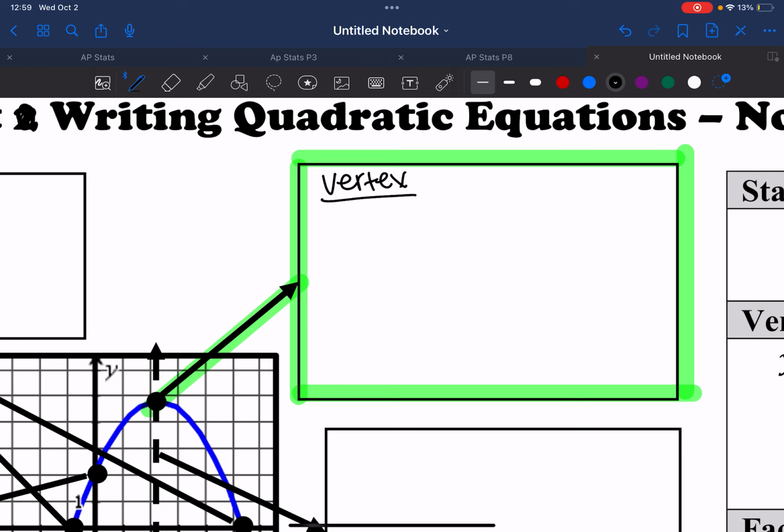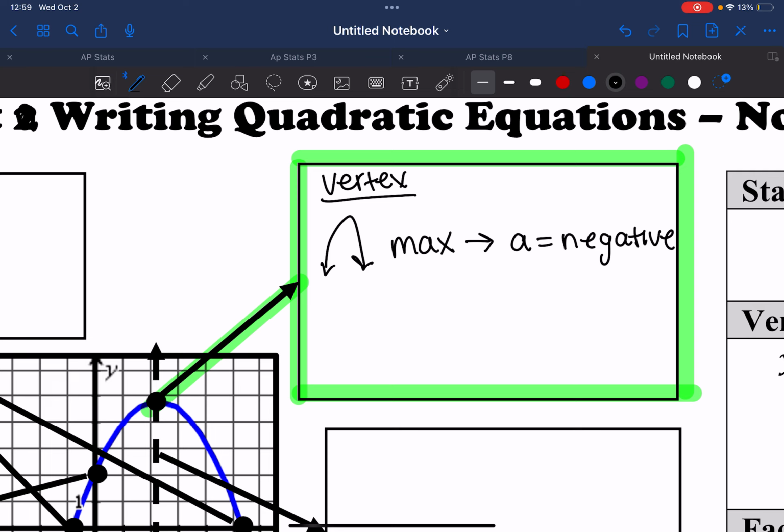We know that the vertex can show either the maximum or minimum value. So if our parabola is pointing down, then we have a maximum, which also implies that our a value is negative.